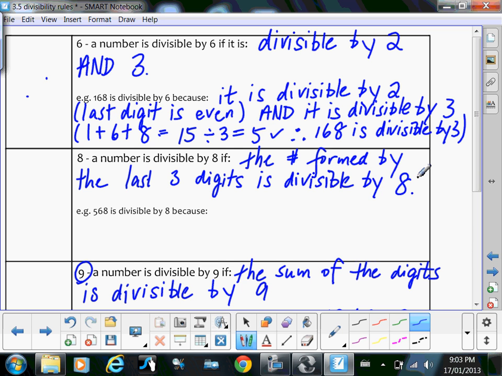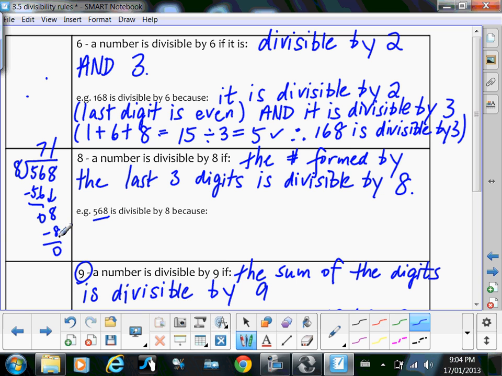Okay, so for example, if we're looking at the number 568, well, there are already three digits here. This is where you're going to have to do some long division because there's no real shortcut to do this. So if we divide 568 by 8, we get 7 times 8 is 56, 0, carry the 8, 1. 1 times 8 is 8.